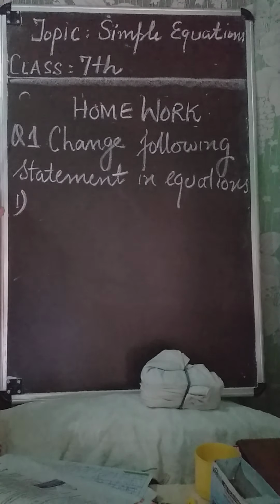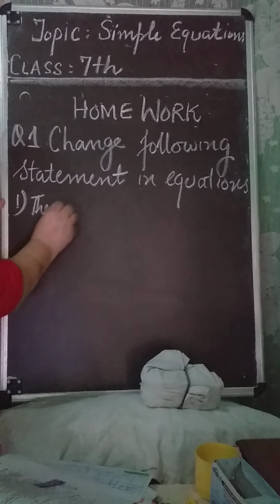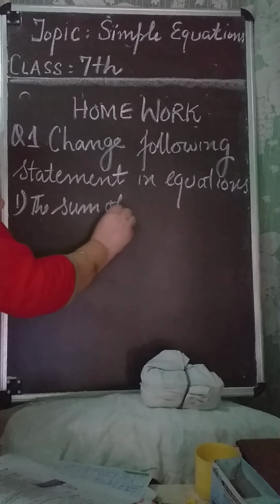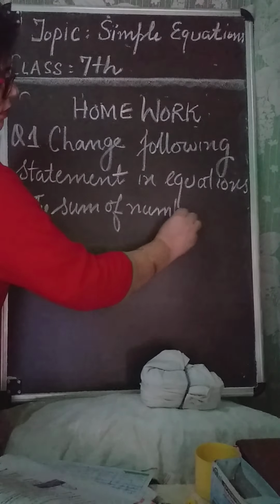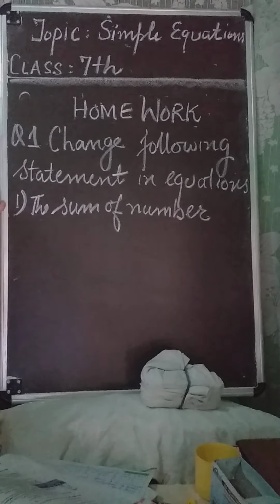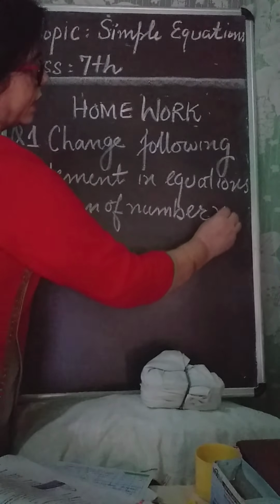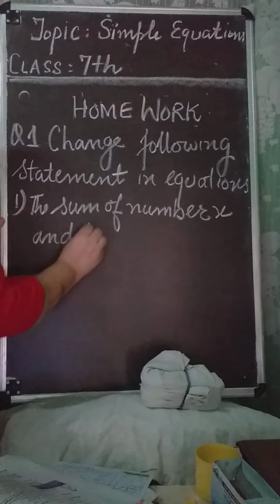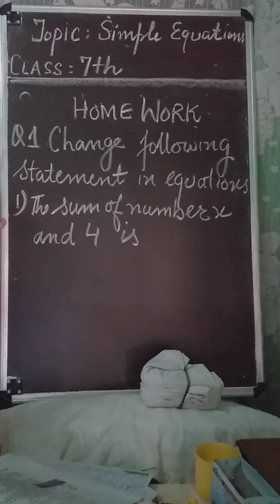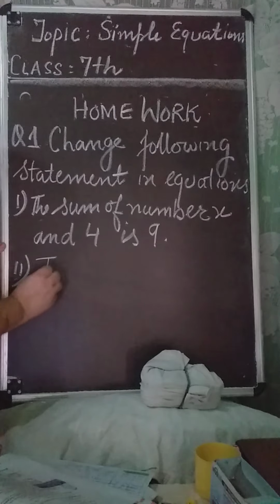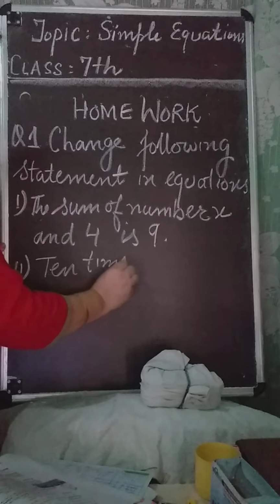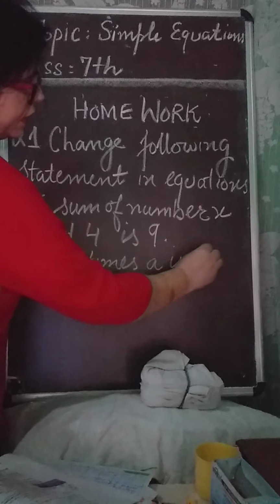The first statement is, the sum of numbers x and 4 is 9. The second one is, 10 times a is 70.